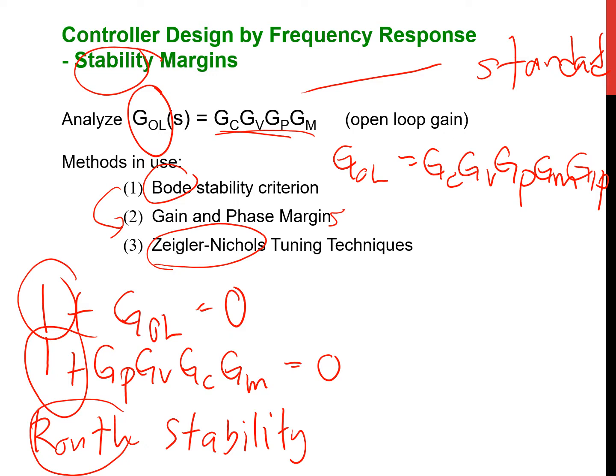If the margin violates the range given in the guideline, then you need to find new controller parameters, Kc, tau I, tau D for example, by using the Ziegler-Nichols technique. Once you find it, then do it again: the new Bode diagram, find the margin, until the range is acceptable in accordance with the given guideline. Then you stop. So this is the way how the stability can be evaluated using frequency response.